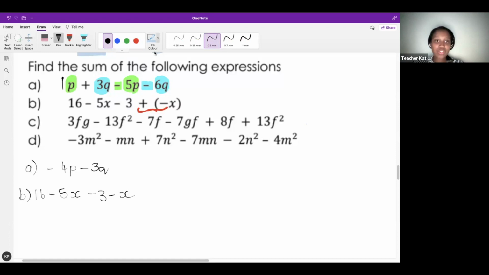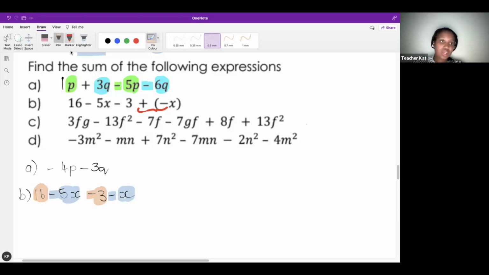Now, what are my like terms? 16 and negative 3. Great. We're saying my symbols and I love it. 16 and negative 3. And my other set of like terms, negative 5x and negative x.